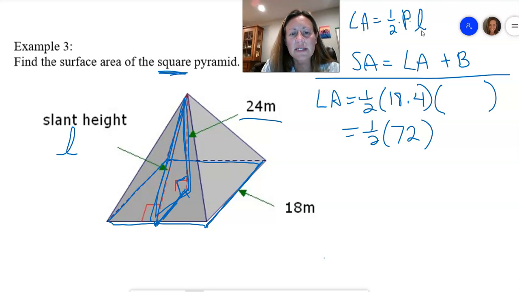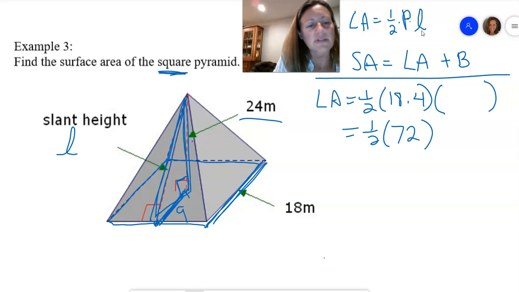And the bottom here would just be half of the entire side of the square. So that would be 9. This is 24. And the slant height can be calculated using the Pythagorean theorem. So 9 squared plus 24 squared would equal the slant height squared.